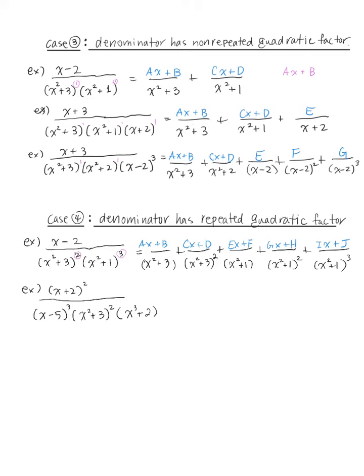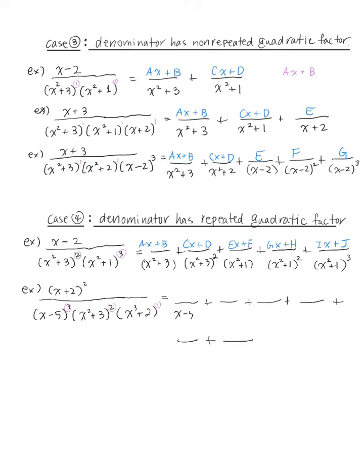All right, so let's take a look at that one. Okay, now how many partial fractions are we going to get? You have 3 plus 2 plus 1. So that's 6. All right, so ready? What goes under the first fraction is the first copy of x minus 5, because x minus 5 repeats 3 times, right?